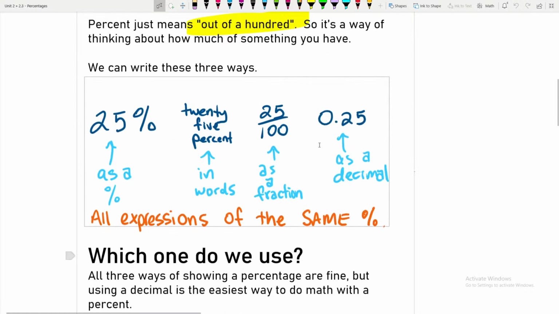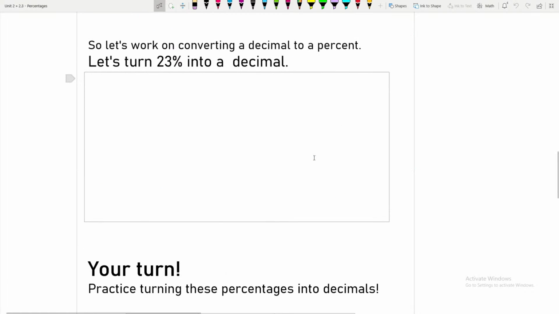Now, just like we showed up here, if you want to turn a percent into a decimal, we just have to divide.